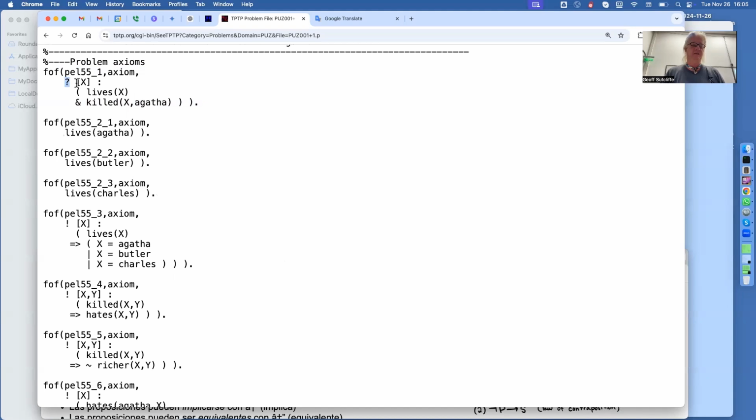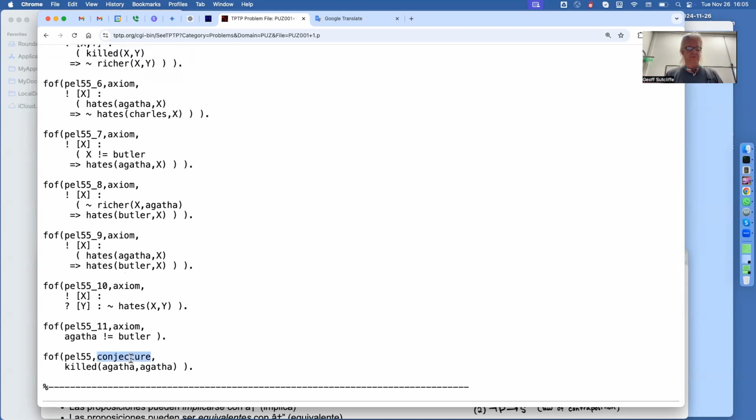There exists X such that X lives in the mansion and X killed Agatha. So somebody killed Agatha, someone in the mansion. At the bottom, we wanted to prove this. This is the conjecture, the theorem, the proof we want to find: Agatha killed herself.